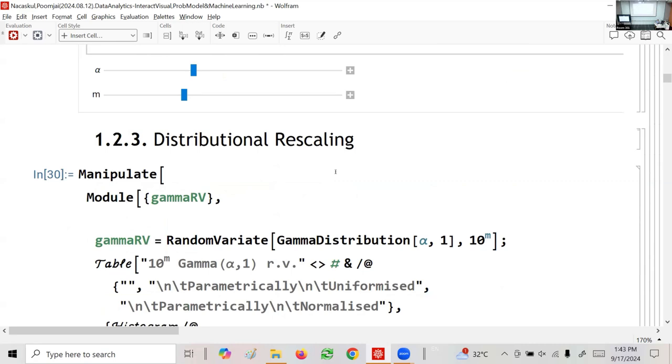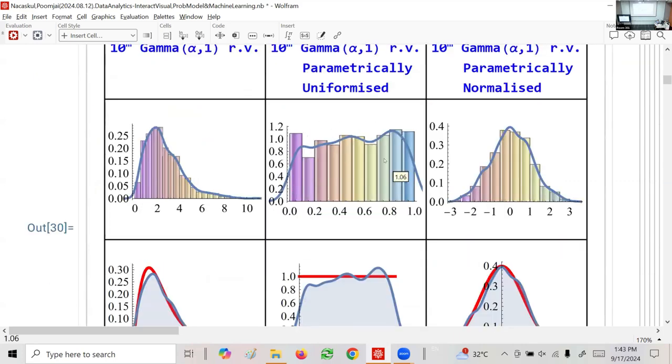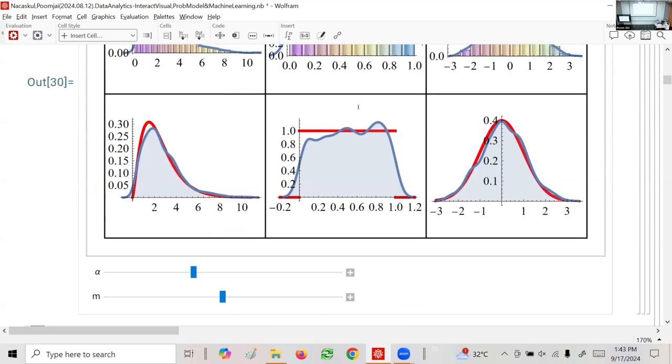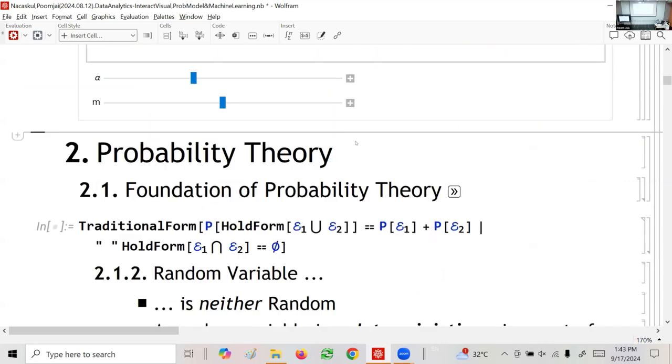So you do things by order. Not only do you squeeze, you adjust so that you end up with a histogram that looks like a flat distribution. That's called distribution uniformize. Just make it uniform.